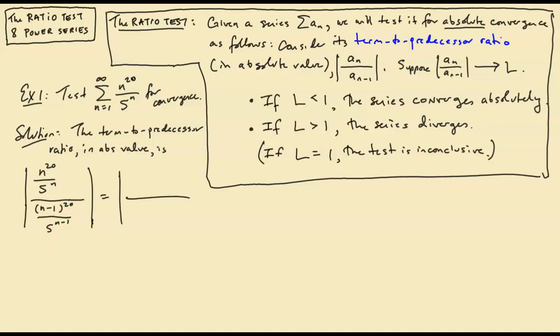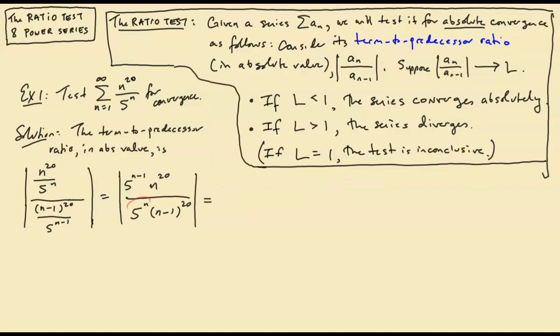If we put it into one fraction, we end up with this stuff. And this simplifies pretty nicely. I need a little more room, so that's better. I have n copies of 5 downstairs, but 1 fewer 5 upstairs. So that means all of these 5s cancel with most of the 5s down here, leaving just 1 copy of 5 downstairs, which I'll put down there now. Then I've got n to the 20th divided by n minus 1 to the 20th.